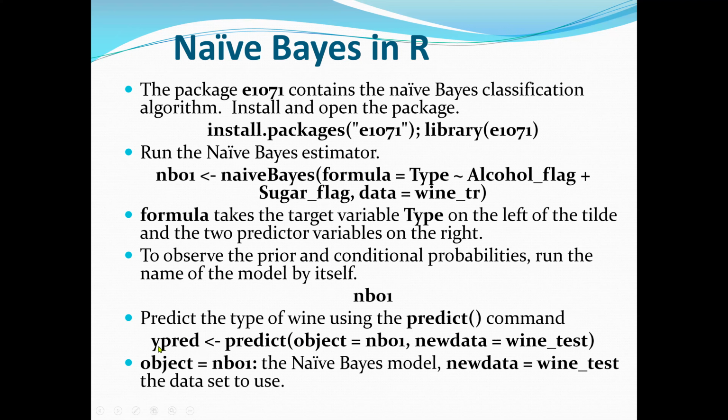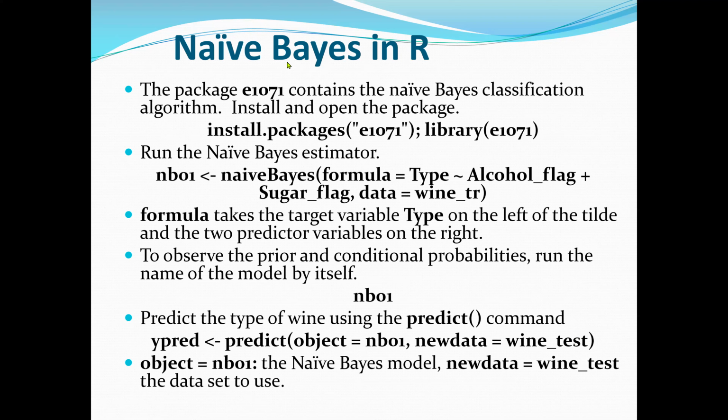So here we have ypred. We use the method predict, then it takes the argument NB01, which is our naive Bayes model. Then the new data will be the test data, the data set to use.